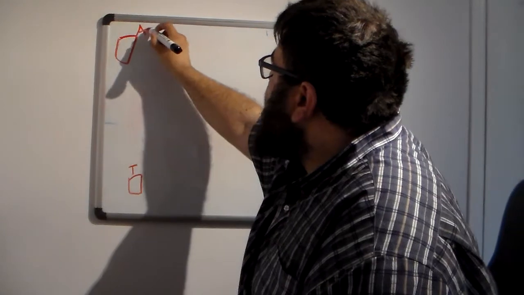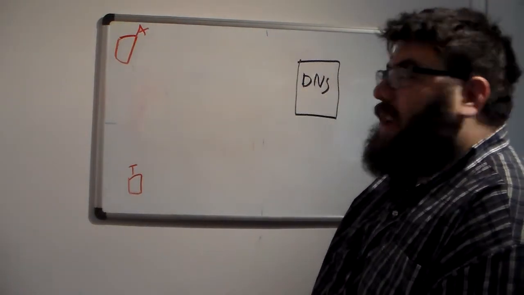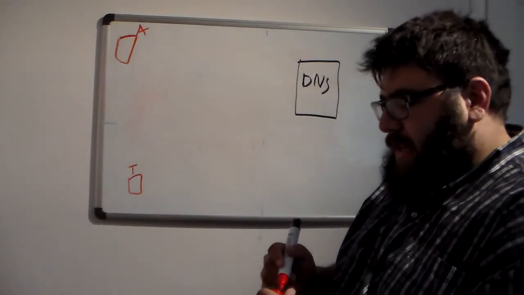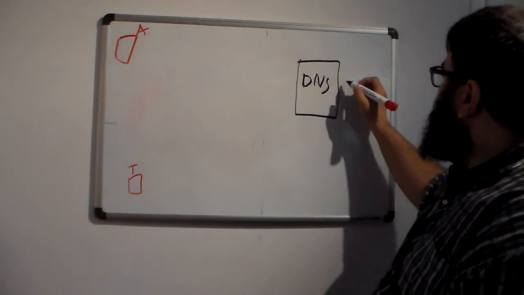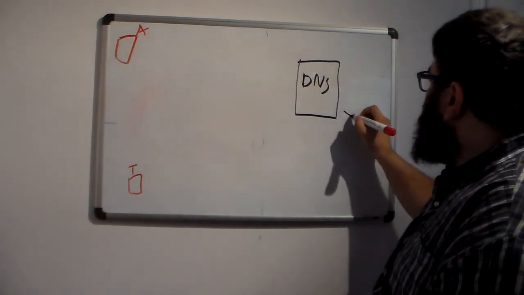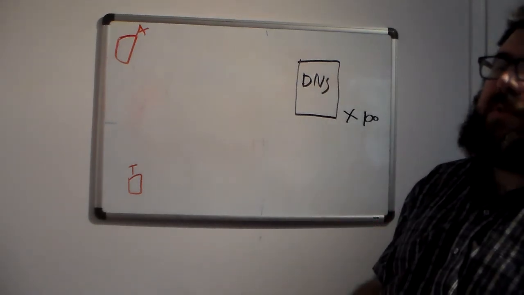And this is A for the attacker. Now, this is not only one DNS server, so let's say that this drawing represents, say, 100 vulnerable DNS servers.